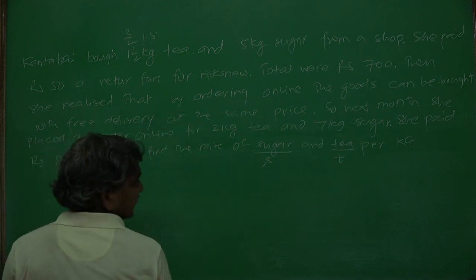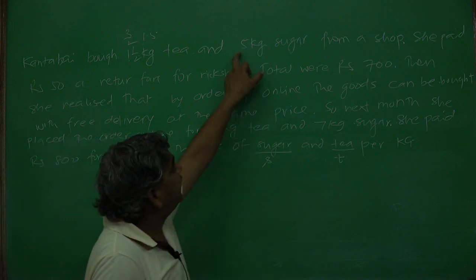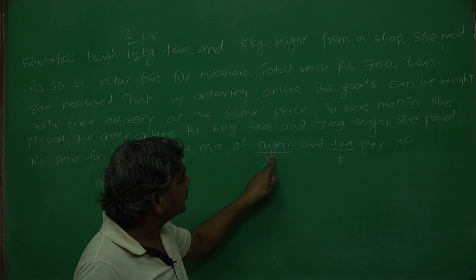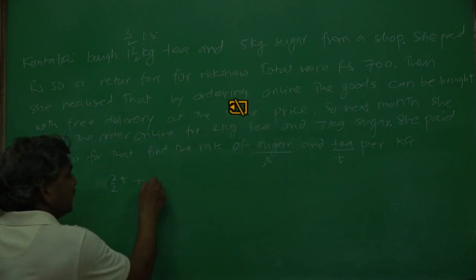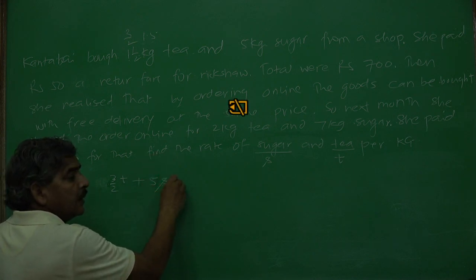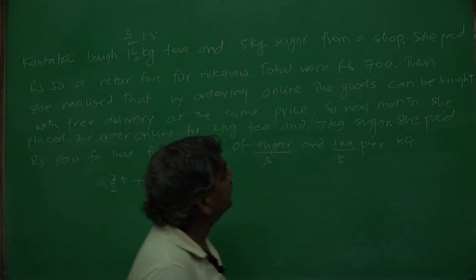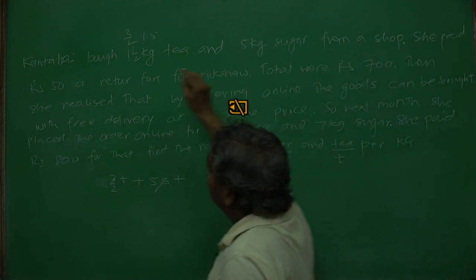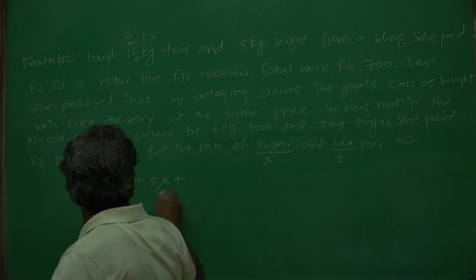Next, plus 5 kg sugar means the cost of sugar will be S into 5, that is 5S. Next, plus she paid how much? She paid rupees 50 for return fare of rickshaw, plus 50.